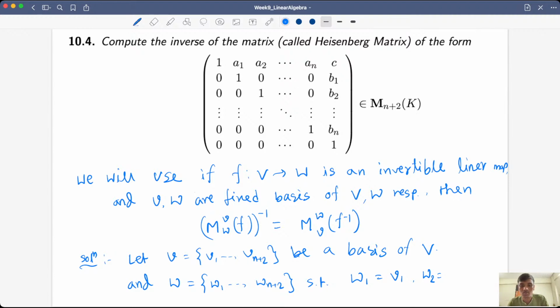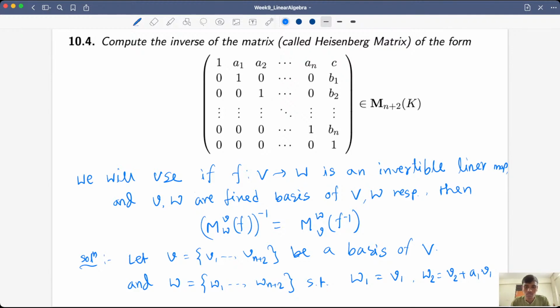So w2, I will define it to be v2 plus a1 v1.